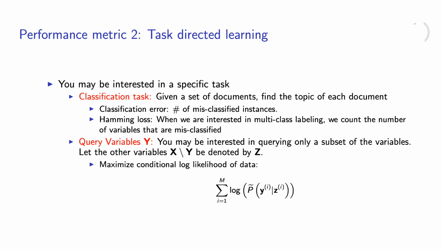But if you are trying to predict simultaneously the values of multiple variables in the graphical model, then it's a multi-label classification problem. Let me give you an example of a classification task. Suppose you are given a set of documents along with their topics at training time, and you want to predict the class of a new document at test time. That's a classification task.